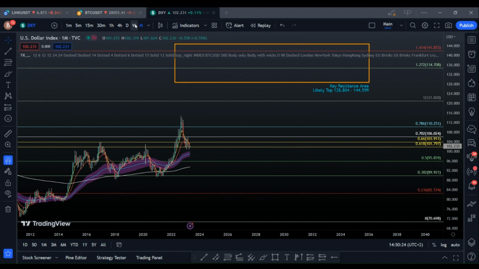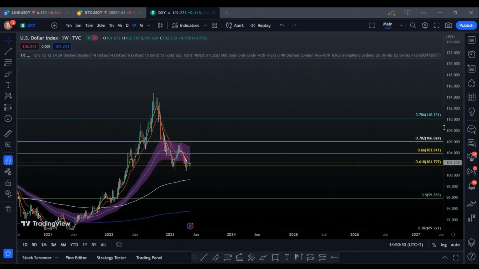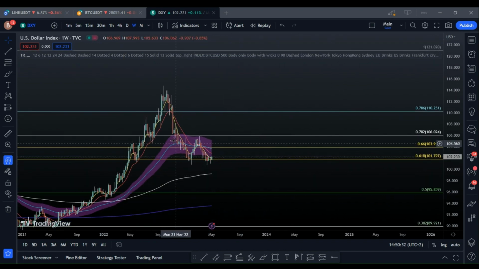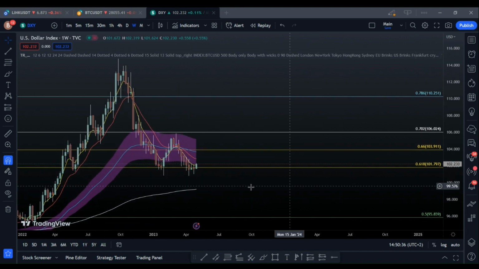And it most likely turns out that we will head down instead, as you can see on the weekly time frame. We were anticipating a huge double bottom to form on the weekly time frame, but as you can see right here, the double bottom has failed to form. This wick on April 10th of 2023 went down lower than the wick of January, which was the beginning of the double bottom formation.